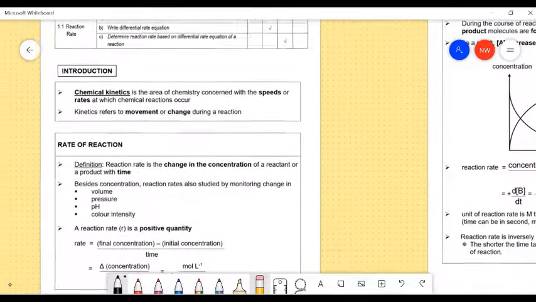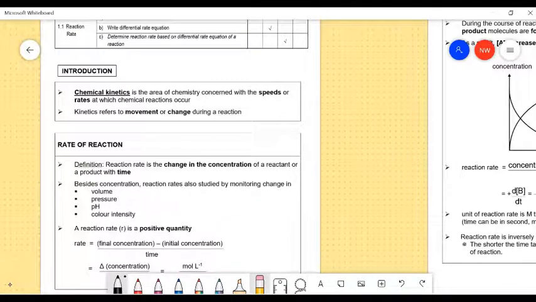Okay, so rate of reactions is the change in the concentration of a reactant or a product with time. So kalau kita sebut tentang rate of reaction, kita nak tengok perubahan di sini ya, kita nak tengok perubahan pada amount ataupun concentration of reactant ataupun product with time.